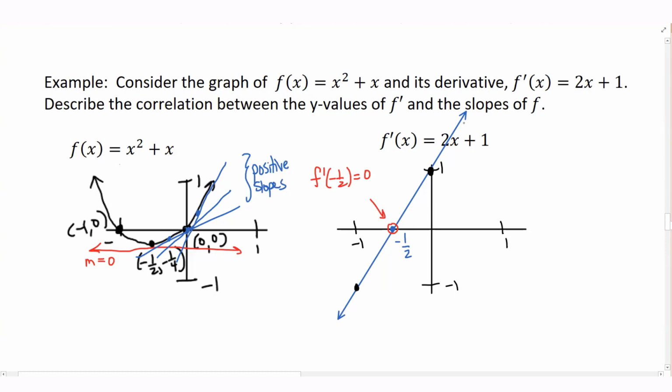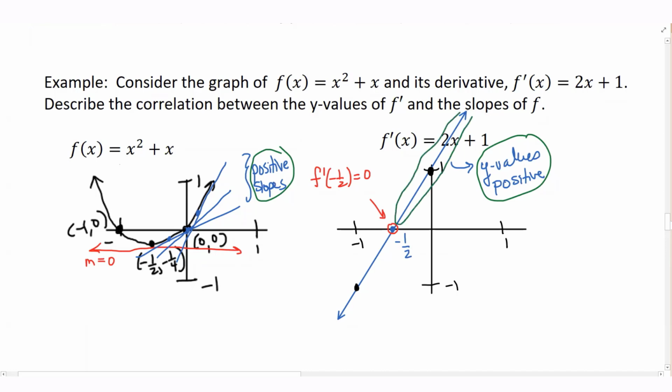And what do we have on this graph over here that corresponds to that? What kinds of y values do we have over here? They're positive because they're above the x-axis, yes? So it looks like when we have positive slopes on the graph on the left, we get positive y values for the derivative. That makes sense because the derivative is supposed to be a formula for the slope. And that was all of these positive y values.